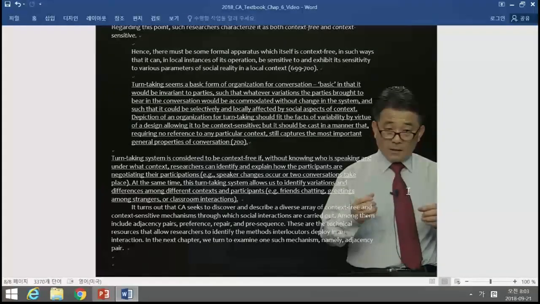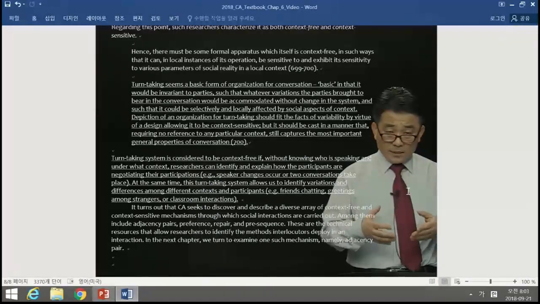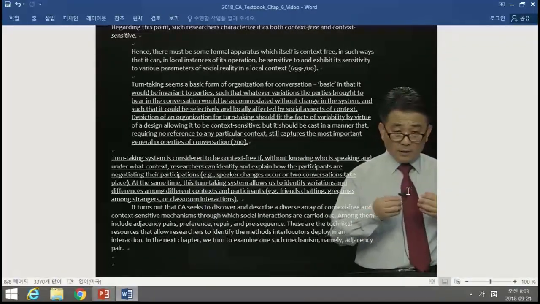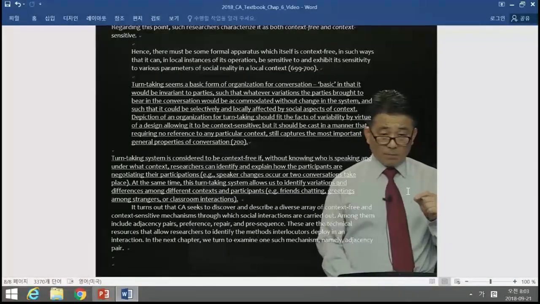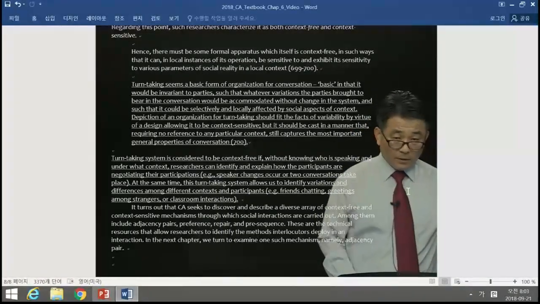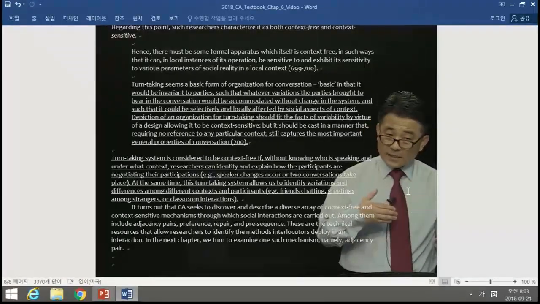It really doesn't matter who the speaker is. It could be a Korean, American, female, male, kids, adult. The turn-taking system allows us to analyze conversational structures that could be applied to all kinds of different people. So in that sense, it is context-free. It's free from all different contexts.